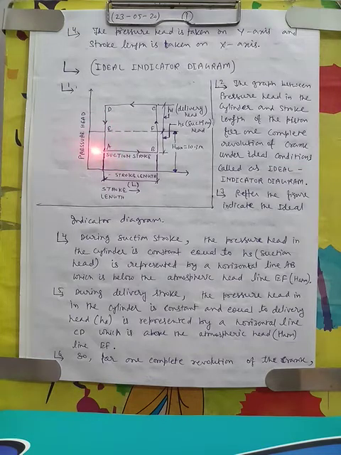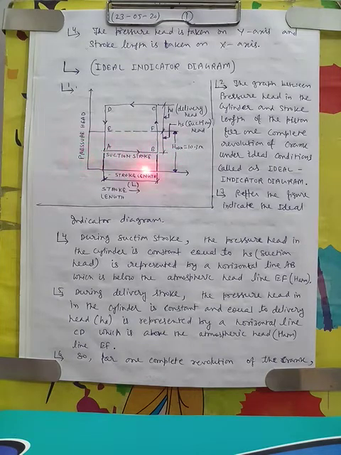So the starting of the stroke is A and the end of the suction stroke is B. The suction stroke started and inside the cylinder is the suction head, means suction pressure. So from A to B, till the end of the suction stroke, there is a constant pressure.